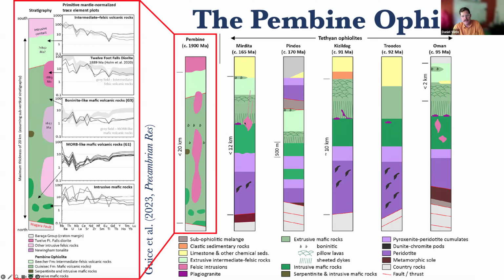You can see that the stratigraphy is similar in the sense that there is a MORB to boninitic progression. There are plagiogranites that intrude, which must be younger. We're missing a sheeted dike complex in the Pembine, but otherwise we have very similar features. I'll point out, and this is something I'll revisit, that the volcanic stratigraphy seems to be much thicker than it is in the Phanerozoic examples.